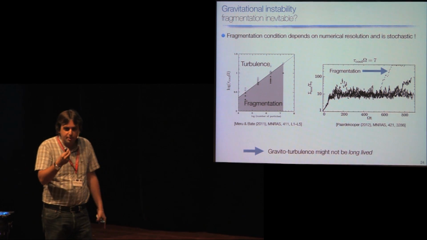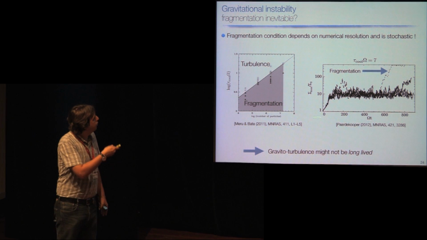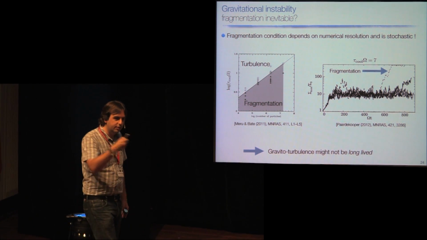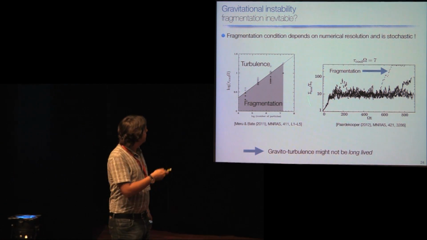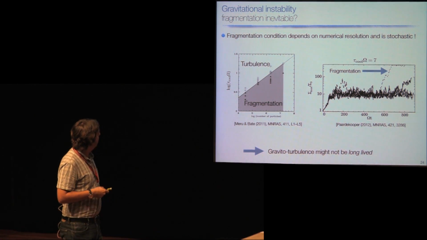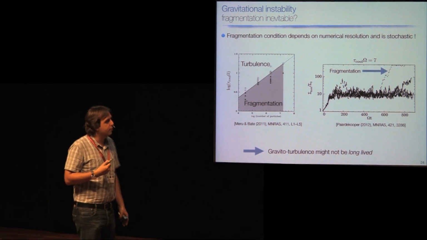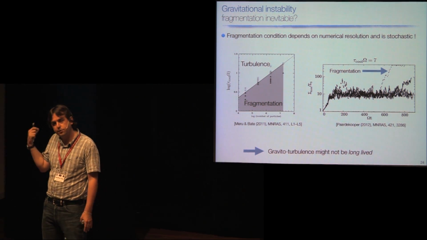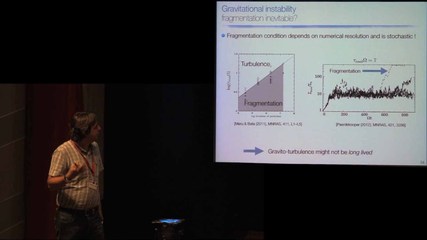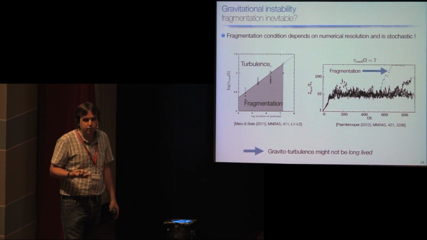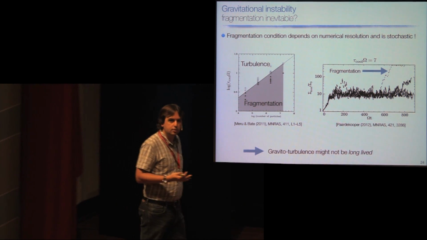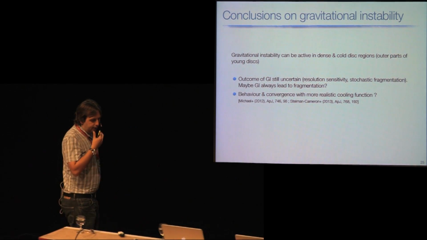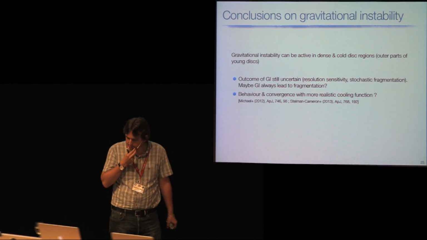You only have a probability of going into fragmentation, and the longer you integrate the simulations, the more likely you are to run into fragmentation. So the conclusion of all that is that in the end, gravitoturbulence might not be long-lived. It might be that as soon as you are in a self-gravitating regime, if you wait long enough, you will always have fragmentation, whatever your cooling timescale. So these are the conclusions on that problem.